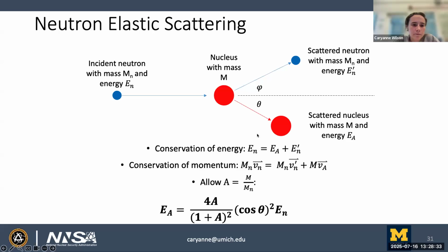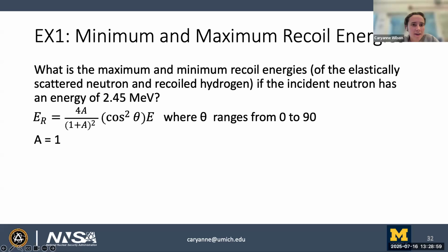You can solve for the recoil energy of the nucleus using the equation on the bottom of the screen. You can derive this using conservation of energy and conservation of momentum, but for the sake of time, we're not going to do that.